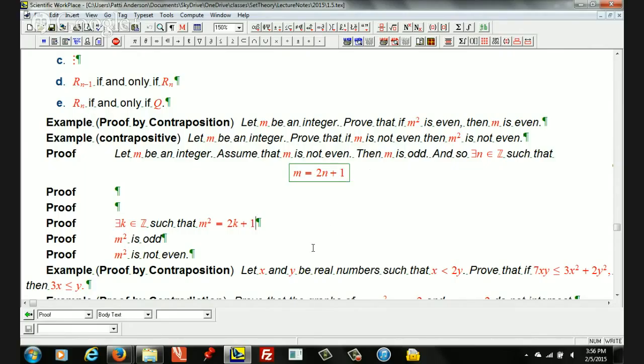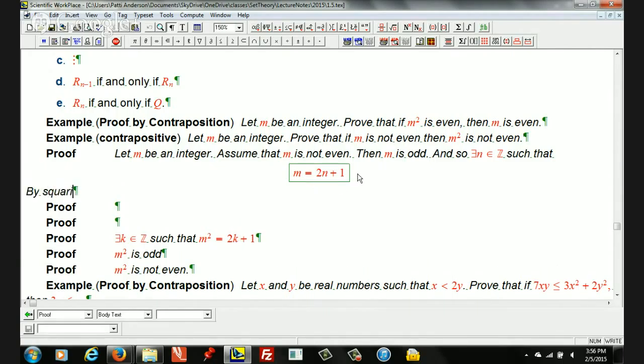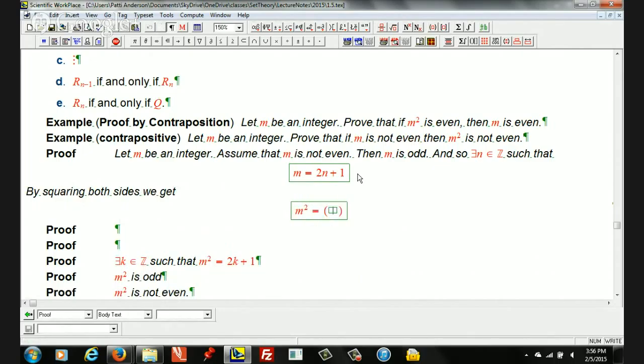And we have to close the gap here. How do we get from m equals 2n plus 1 to m squared equals 2k plus 1? By squaring, we're going to have m squared is equal to 2n plus 1 squared, and that would be what? 4n squared plus 4n plus 1.